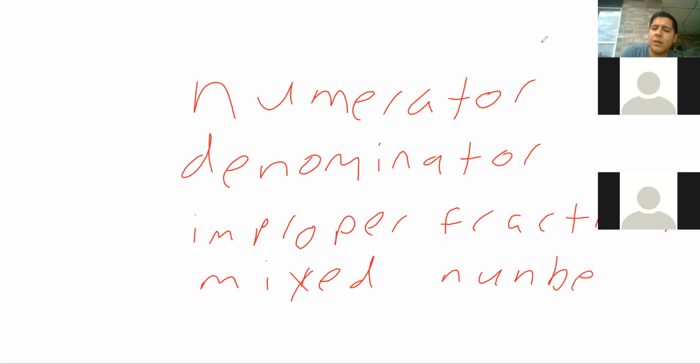So make sure we have those written down. The numerator, the denominator, the improper fraction, and the mixed number. Okay, so again, make sure we have those written down, and let me know when we can move on.